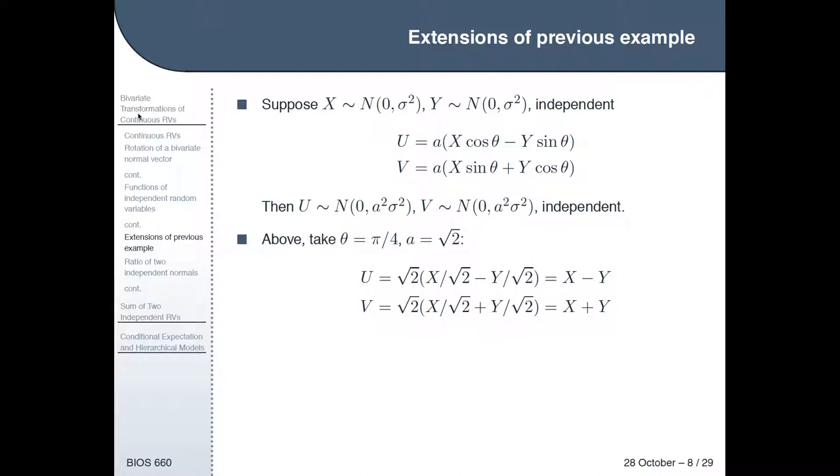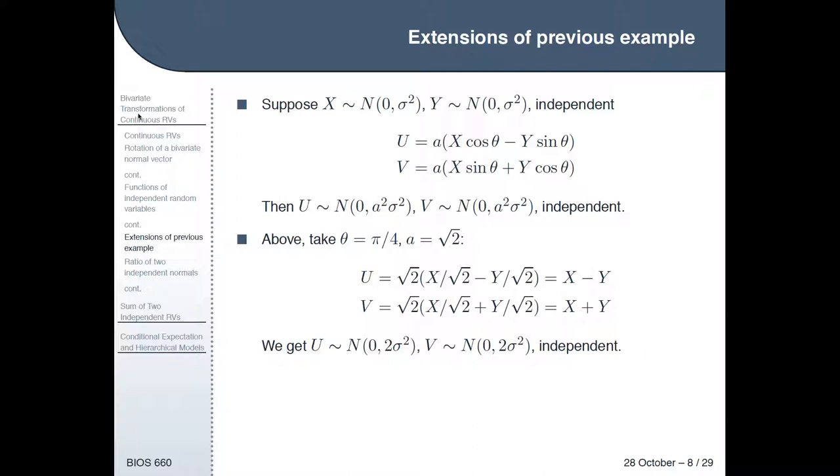And now we're going to show how if you let theta equal pi and a equal the square root of 2, you can find the distribution of x plus y and x minus y. If you take those values of theta and a, then u turns out to be x minus y, v turns out to be x plus y. So in particular, u is normal 0, 2 sigma squared and v is normal 0, 2 sigma squared.